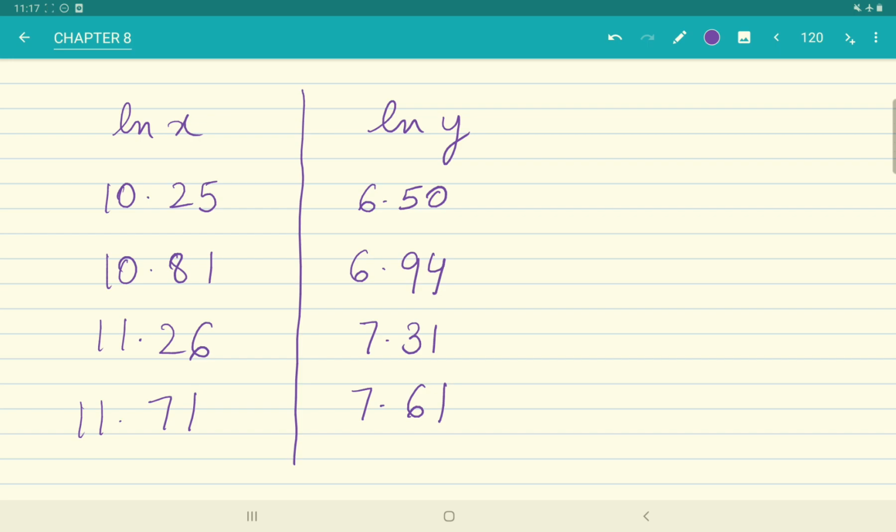If I plot this data in a coordinate system wherein ln x and ln y are measured along the two axes, ln x along the horizontal axis and ln y along the vertical axis, I get this diagram.